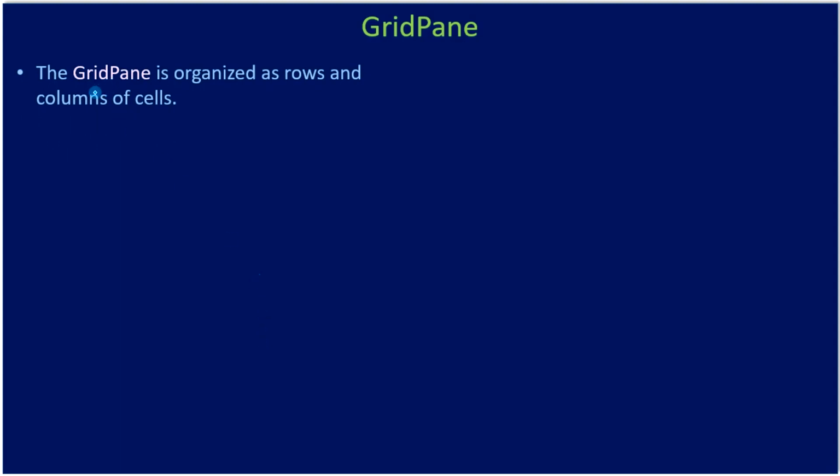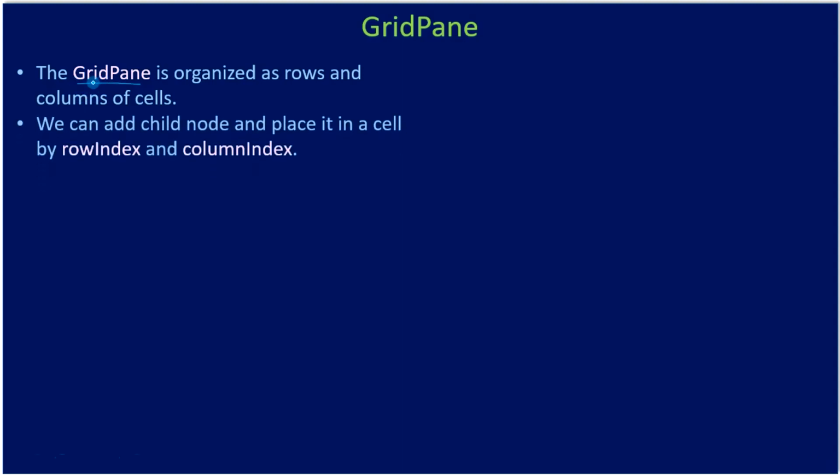So GridPane is organized as rows and columns of cells. Here we can add a child node and place it in a cell by row index and column index.